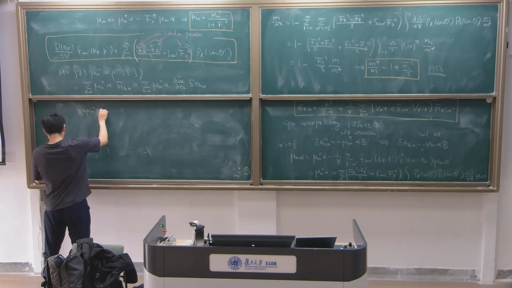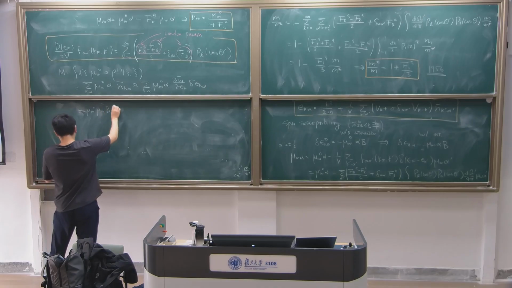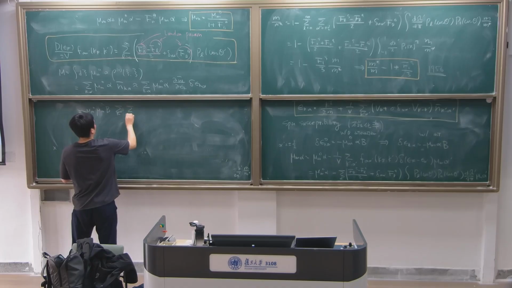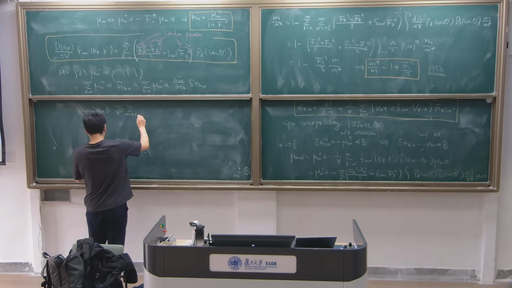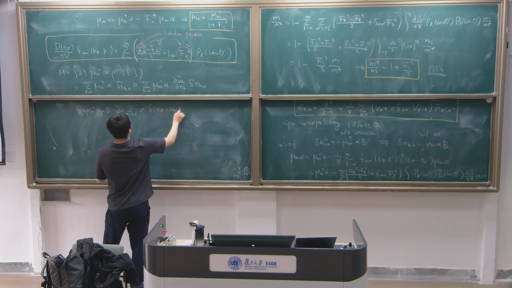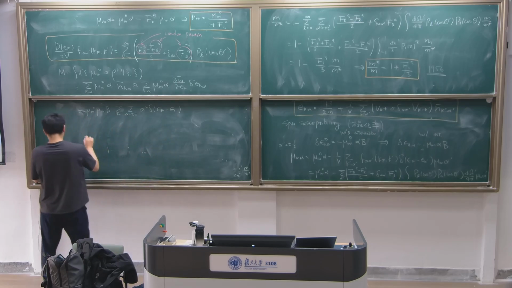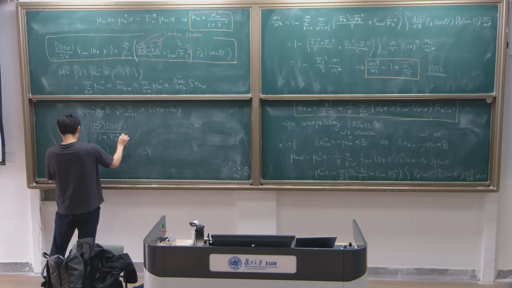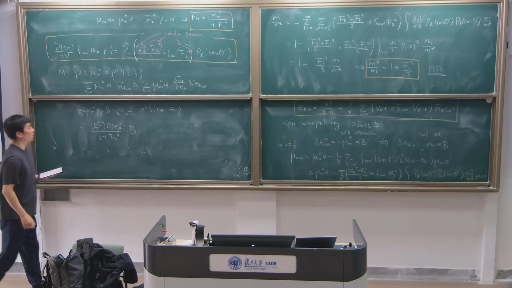zero m b sum over alpha. This way, and this is equal to moving on back.